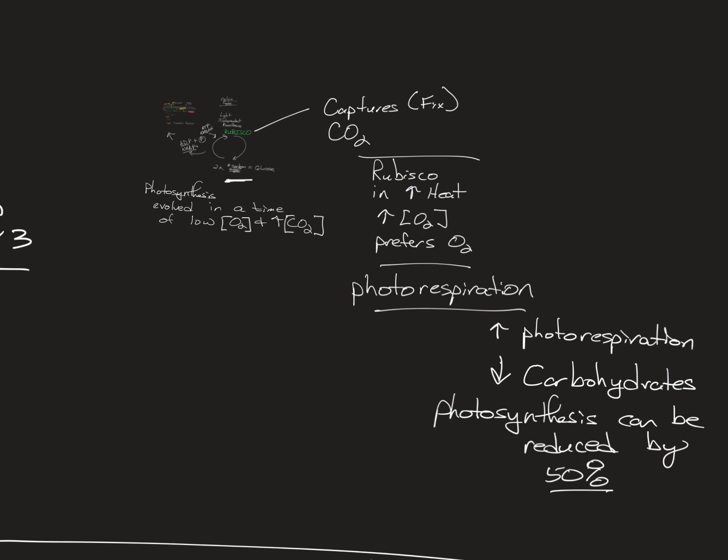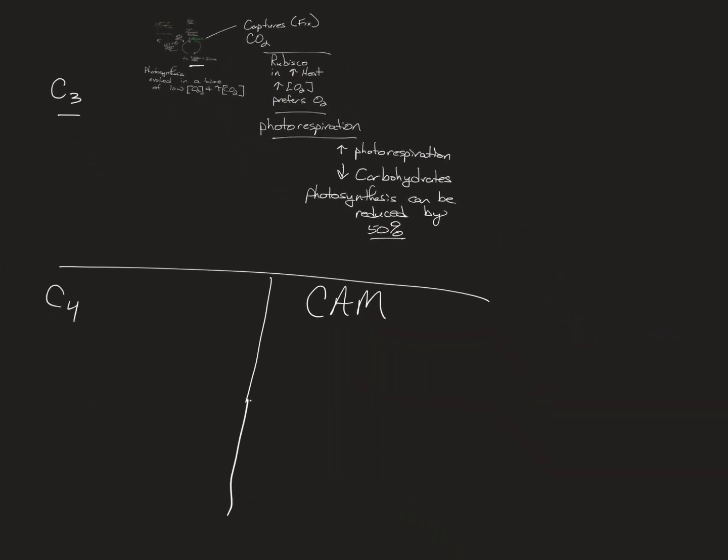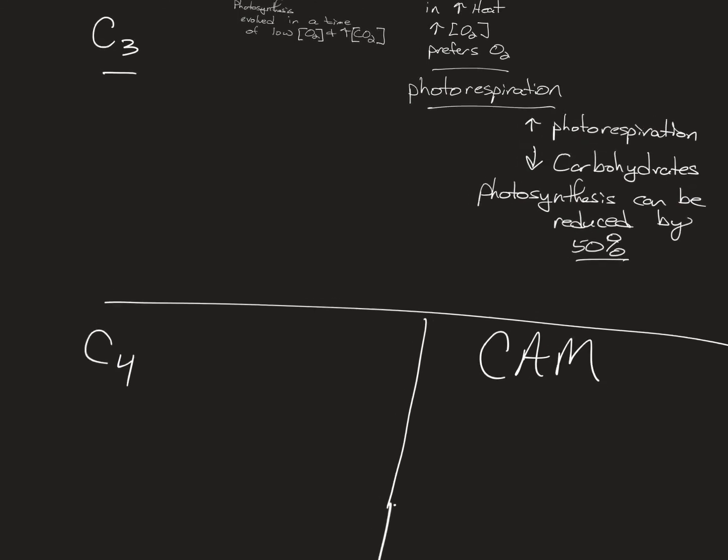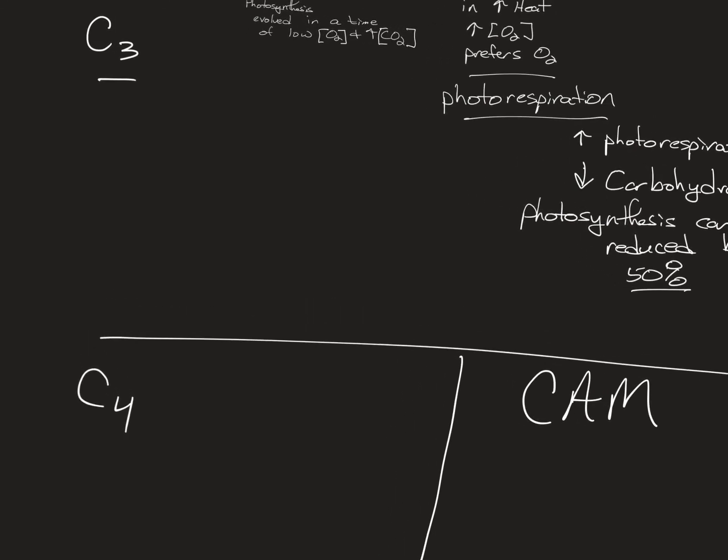If you're in the Mexican desert, the Arizona desert, the New Mexico desert, the Saharan desert, you can't have plants that lose too much water. What can these plants do to stop losing water and reduce photorespiration? You want to keep photorespiration down to a minimum. Obviously, the two answers are C4 and CAM. How and why? The answers to these questions are here.